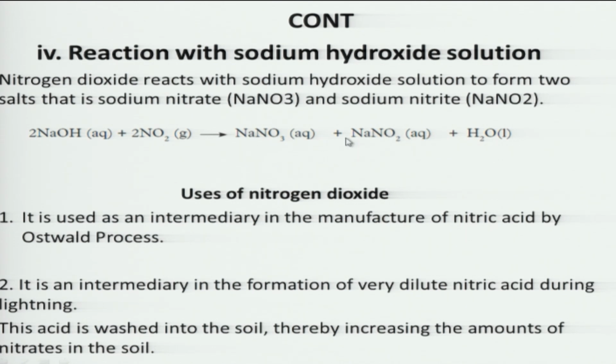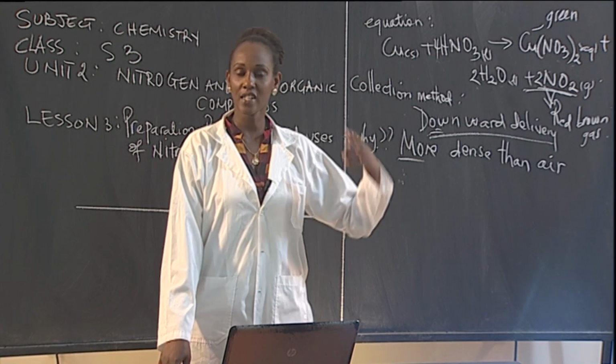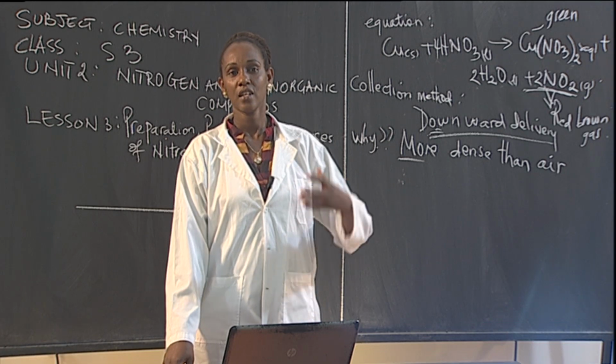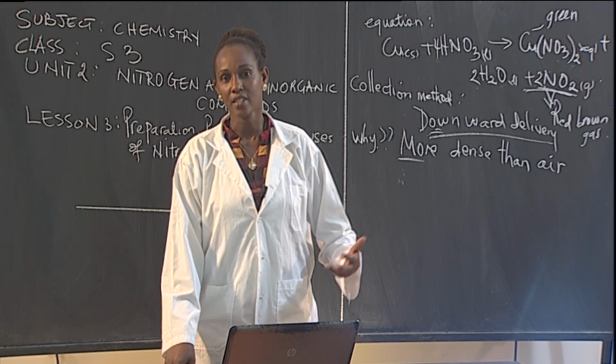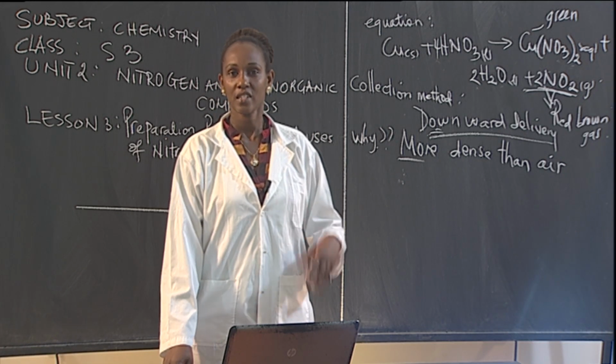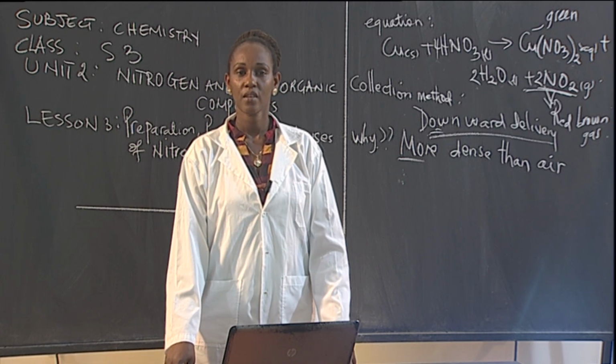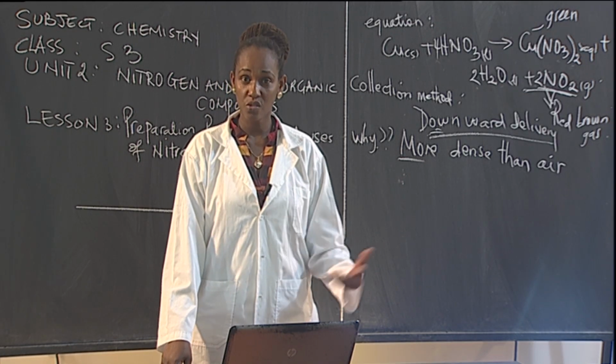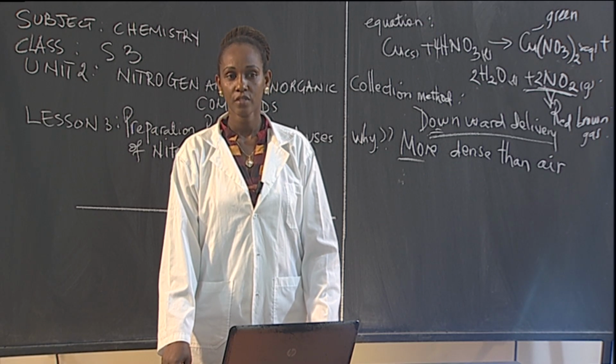So whenever you react sodium hydroxide with nitrogen dioxide, we expect to get two salts and water. That is sodium nitrate and sodium nitrite, plus some water. All right?